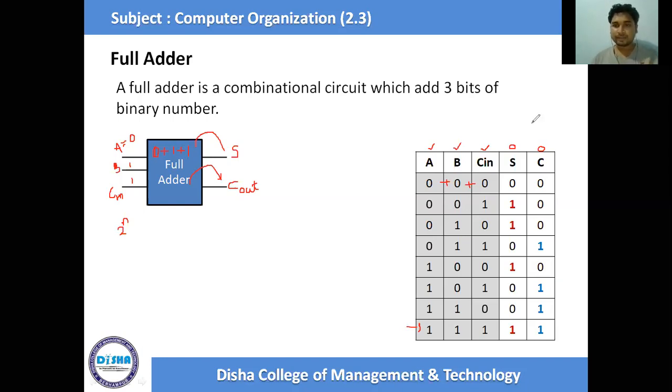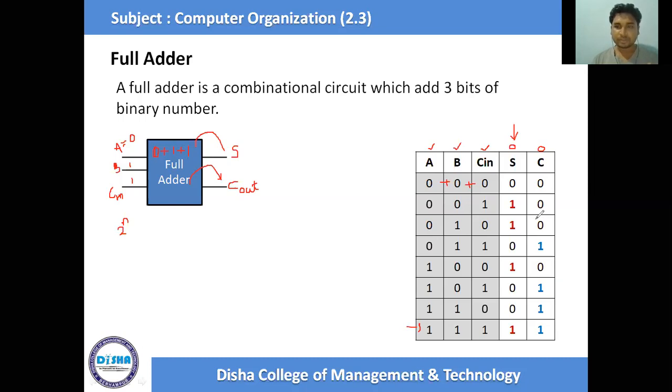Then our next job is to look at this sum column and find out how many ones there are, or at what time this sum terminal is in an active state, or receives the value 1. From that we have to check the input values, or in very simple terms, when S equals 1, what are the input values.